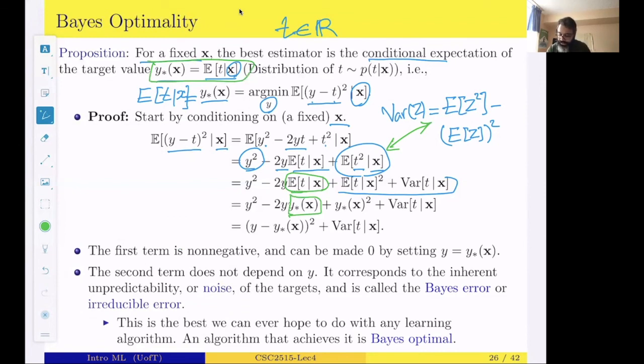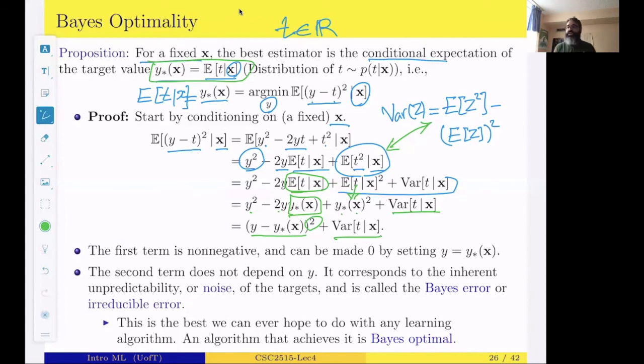What I get is y² - 2y y*(x) + y*(x) squared, which comes from this one, plus the variance of t conditioned on x. I can simplify this, and it is good to convince yourself that this is actually true, that it becomes (y - y*(x))² plus the variance of t conditioned on x.